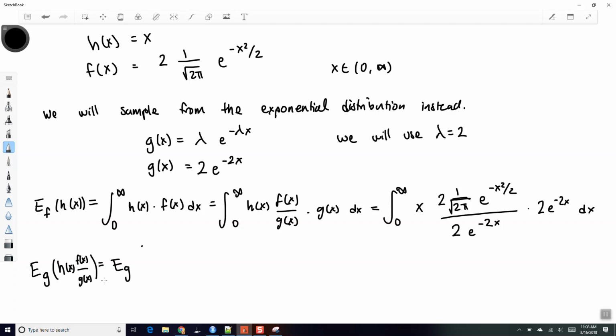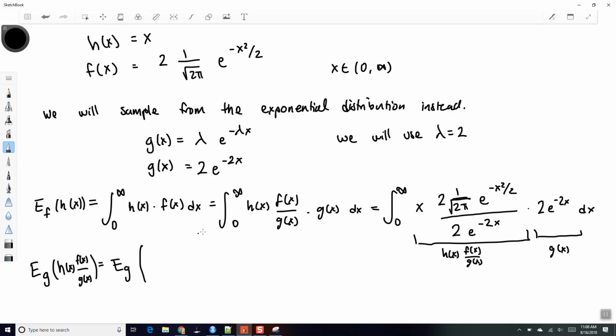Sorry, I got to throw all those terms in there. Okay, it's the expected value of that, and so just kind of cleaning up. That's what this part is, right? This is h of x, f of x over g of x. And this part is the g of x.